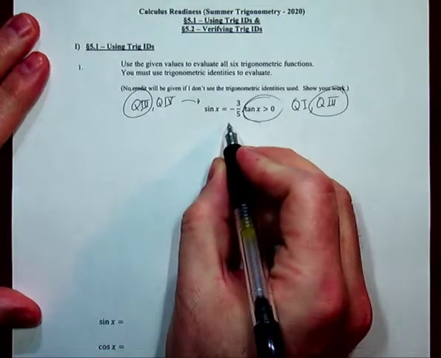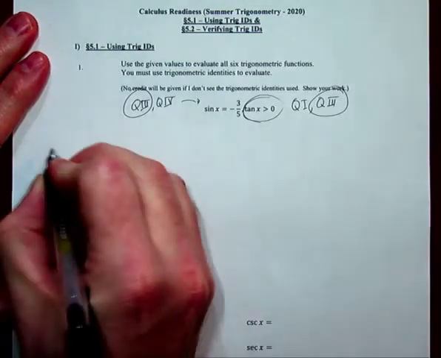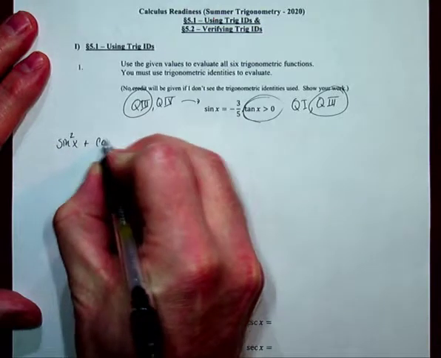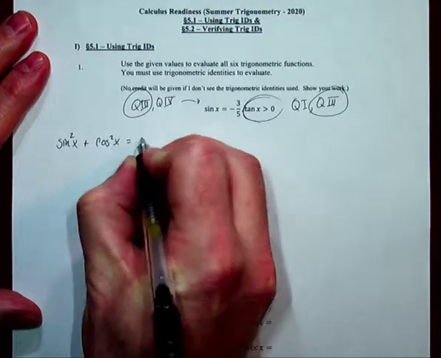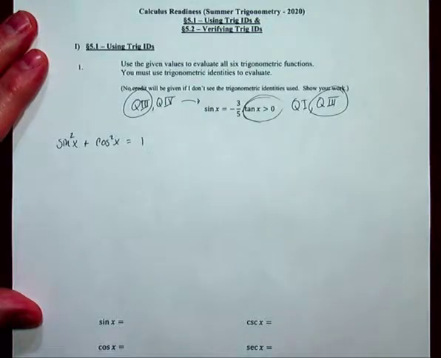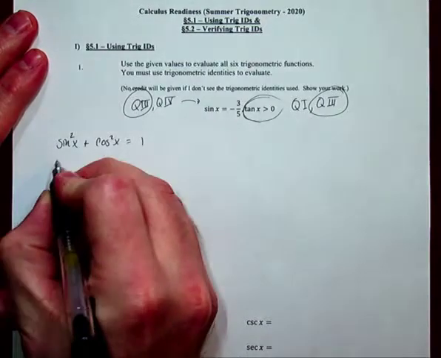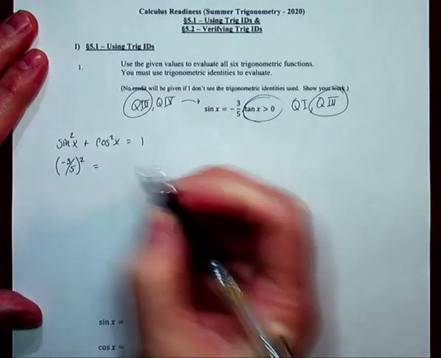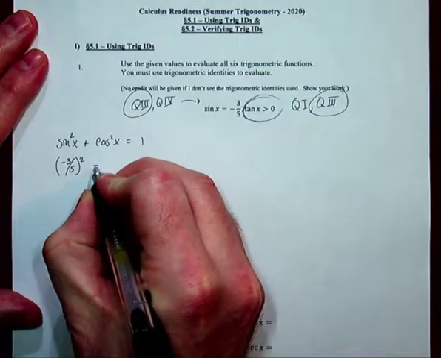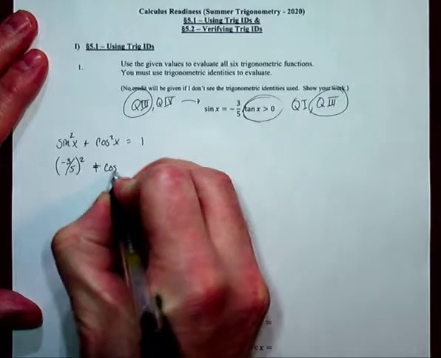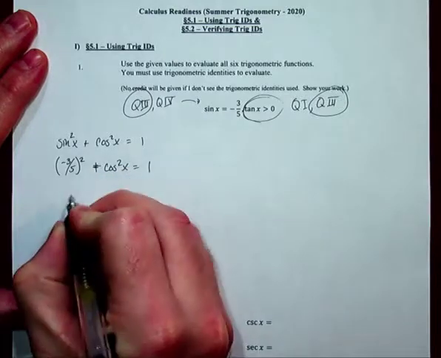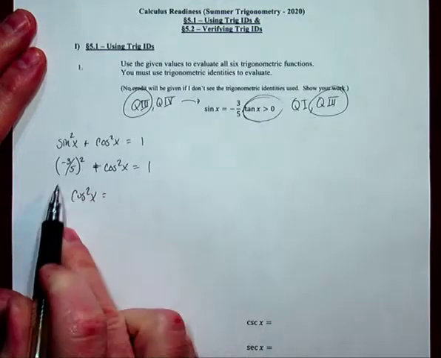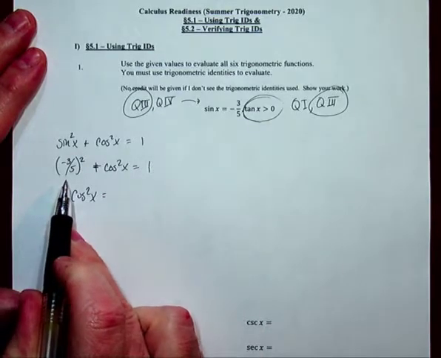I need to find something else besides sine, and so I'm going to use sine squared x plus cosine squared x is equal to 1. Show me the identity, and then plug it in. That's (3/5) squared, plus cosine squared x is equal to 1. So cosine squared x is equal to 1 minus 9 over 25.